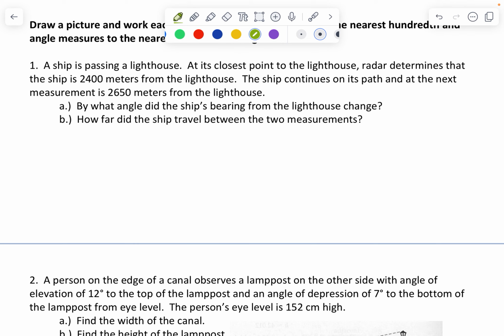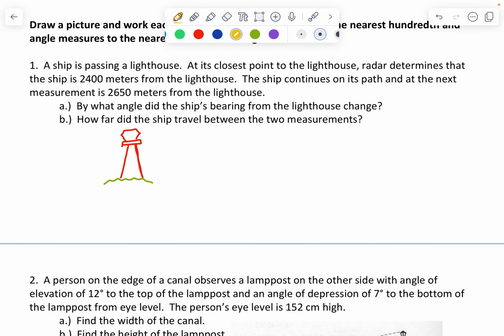So first thing we've got, it says a ship is passing a lighthouse. So if we have our little lighthouse on here, you don't have to draw your pictures super detailed every time. I just enjoy it because I used to do it a bunch when I was a physics teacher.